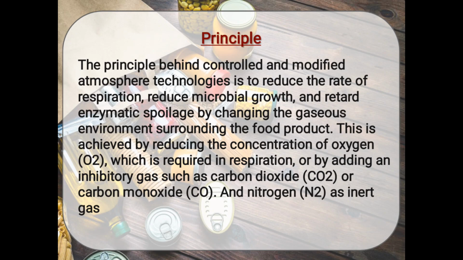Generally, our atmosphere consists of carbon dioxide, nitrogen, oxygen, carbon monoxide. This is also an environment, but in CA, we control the atmosphere by reducing the concentration of oxygen and increasing the concentration of carbon dioxide and incorporating some carbon monoxide and nitrogen such as inert gases, which have certain different properties for certain categories.